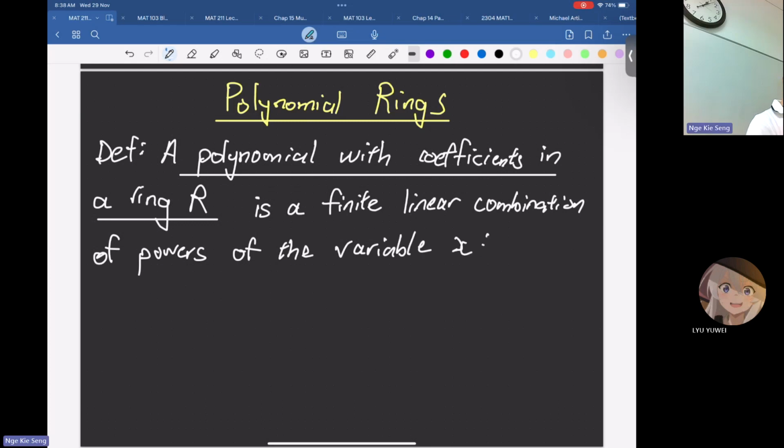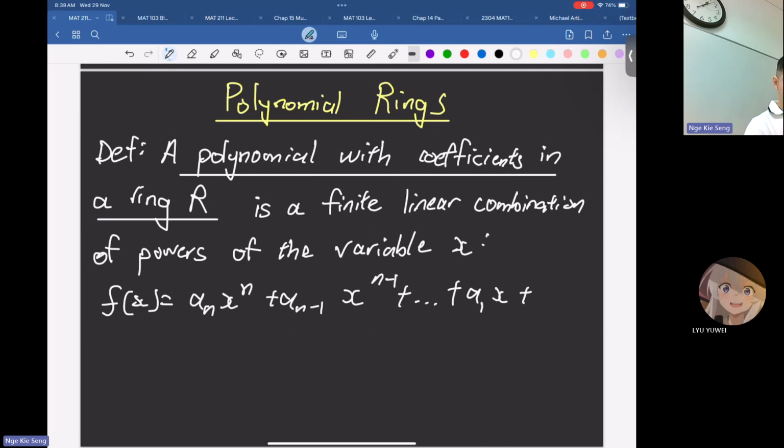For example, f(x) equals a_n x^n plus a_{n-1} x^{n-1} plus ... plus a_1 x plus a_0, where all the coefficients are in R. For those who come late, I want to stress again: you don't see this polynomial as a function.